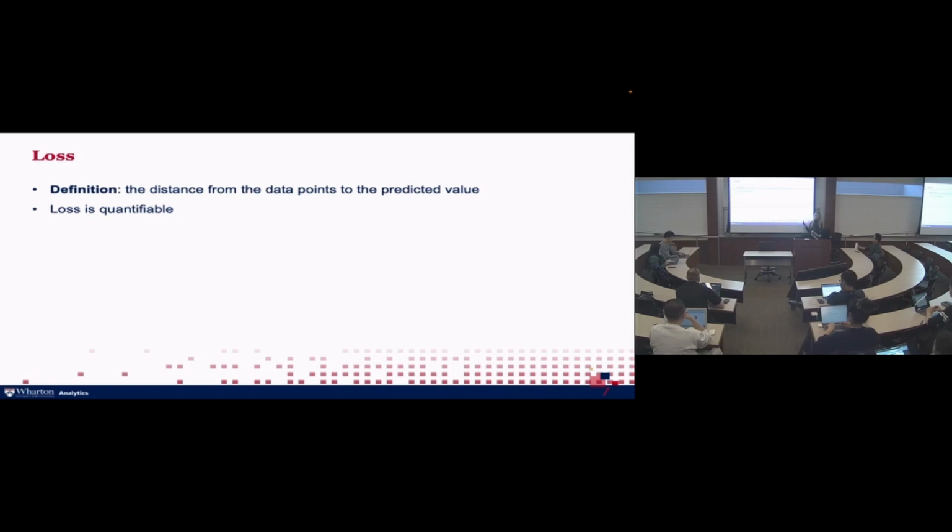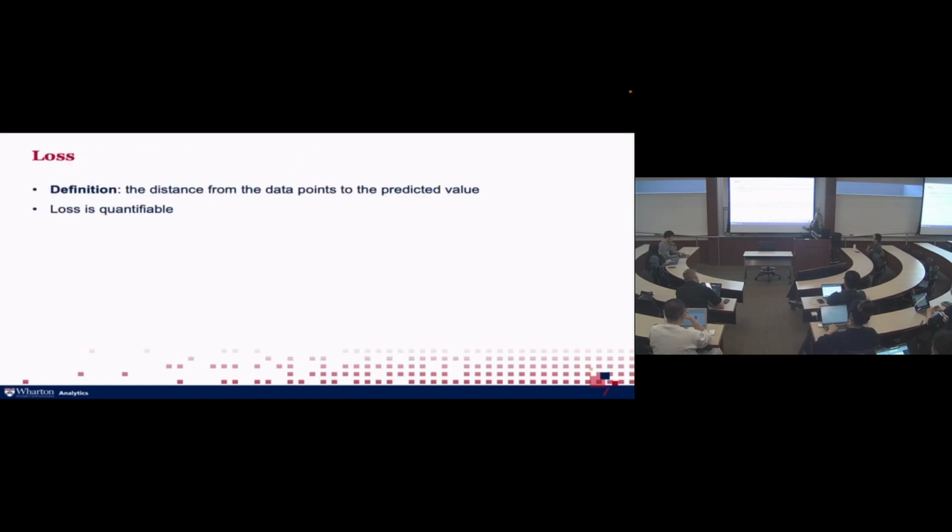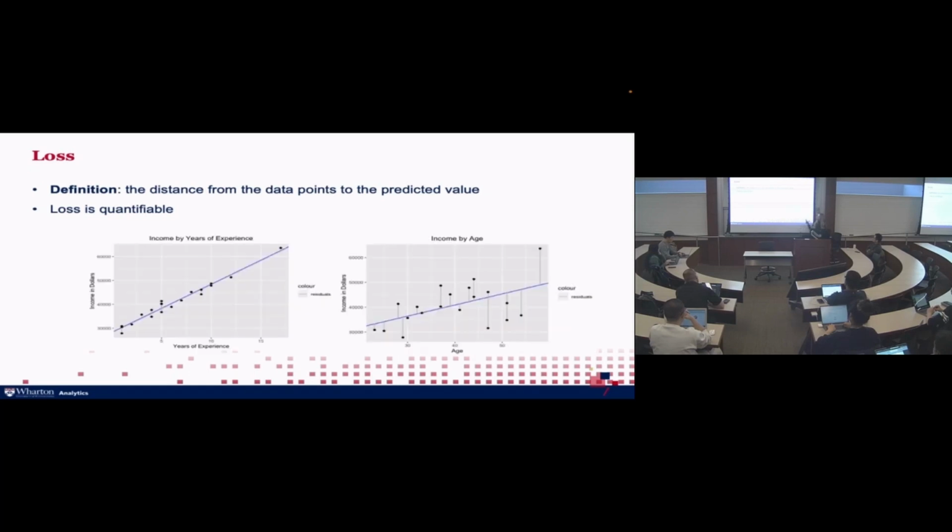And so we describe that difference, I'll go back, this difference between the data points and the correlation line, or I'm sorry, between the data points and the regression line, as the residuals. And we can compare the fit of a line to data side by side.